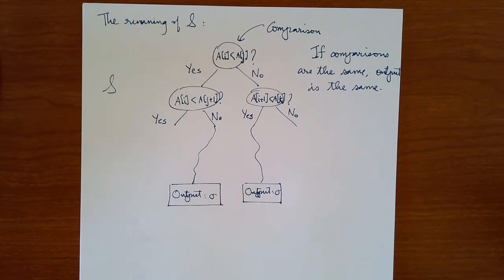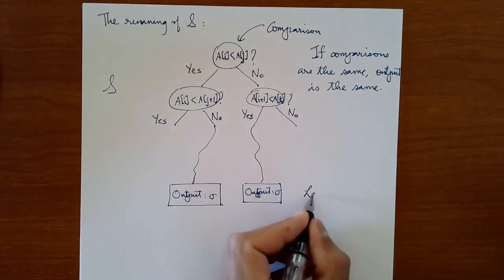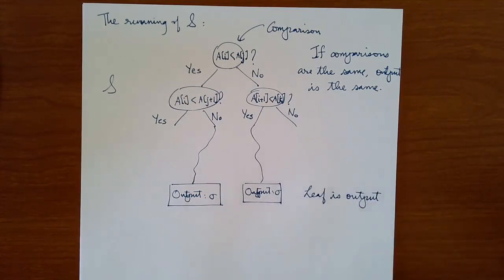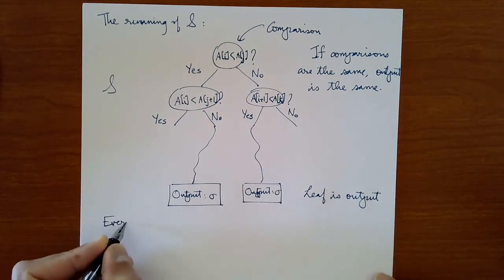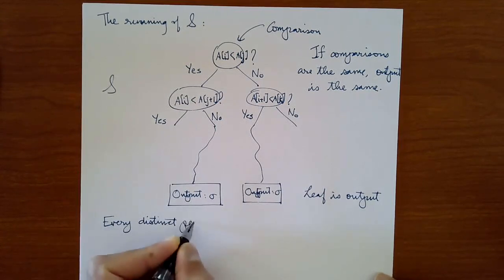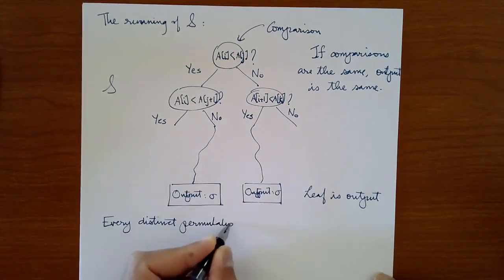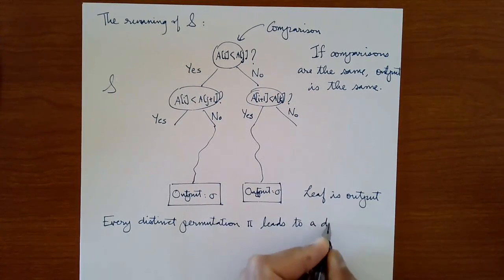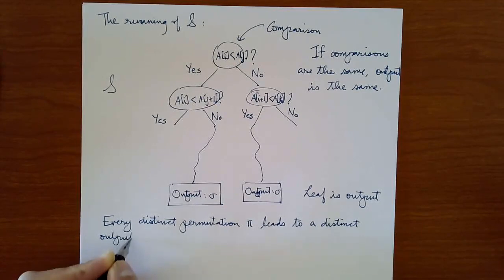Okay, now here is so every leaf is an output. And we said that every permutation, every distinct permutation pi leads to a distinct output, sigma.